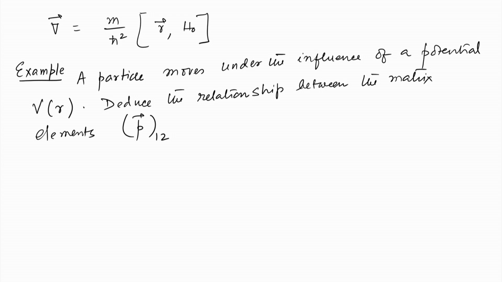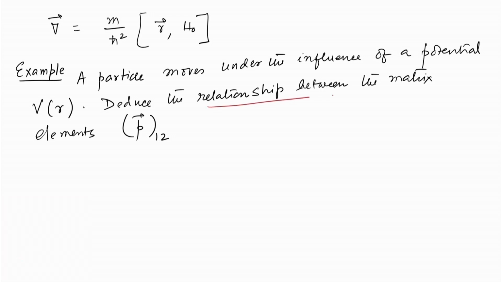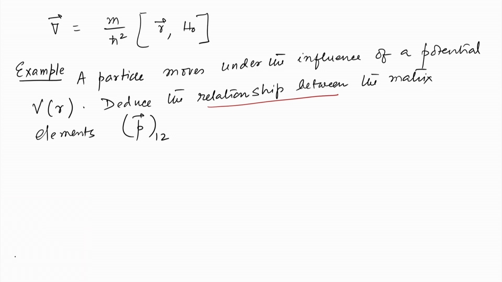We are not talking about the transition at this moment, but just want to find out the relationship between the matrix elements of the momentum operator between these two states, the initial and the final states, and R 1 2 if you want.